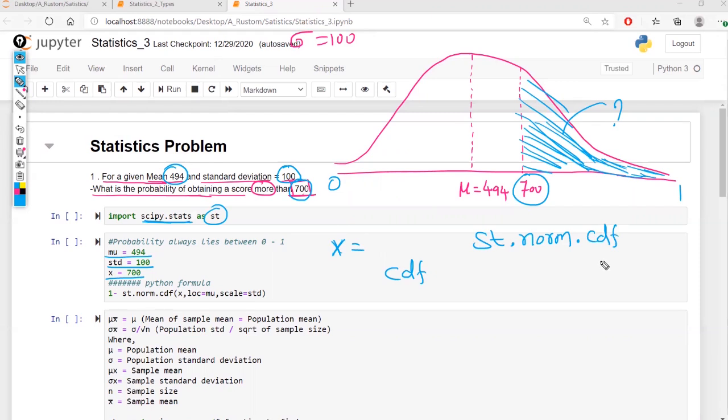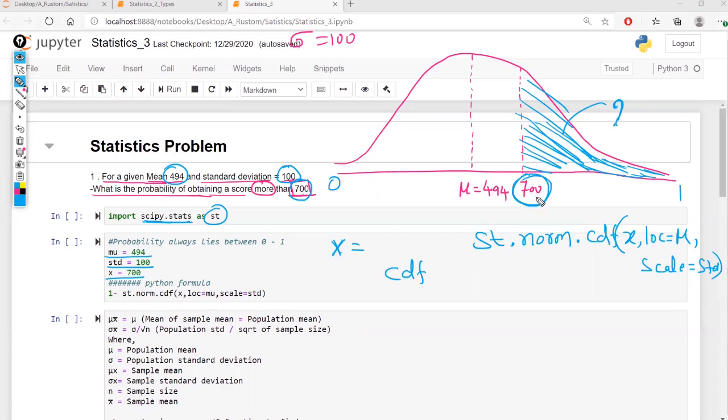We know the CDF function from the earlier video, and the formula is x comma loc, location, which is basically mu or the mean, comma scale. Scale is basically the standard deviation. So this is the formula we have in order to find the probability if x data is given.